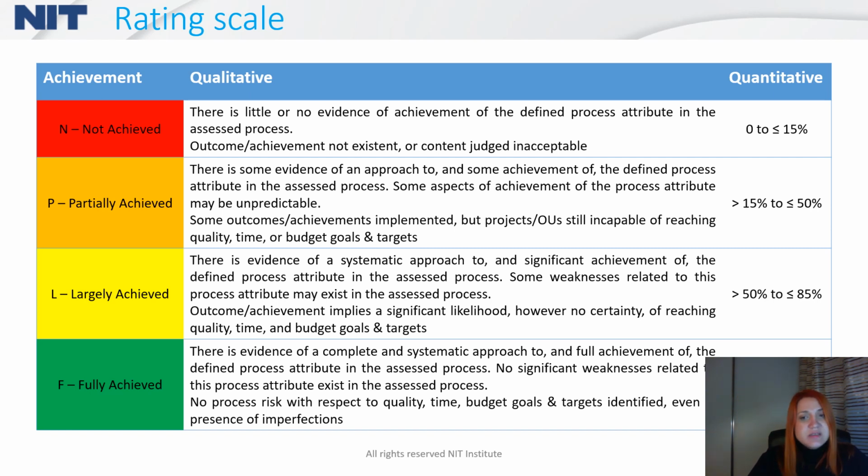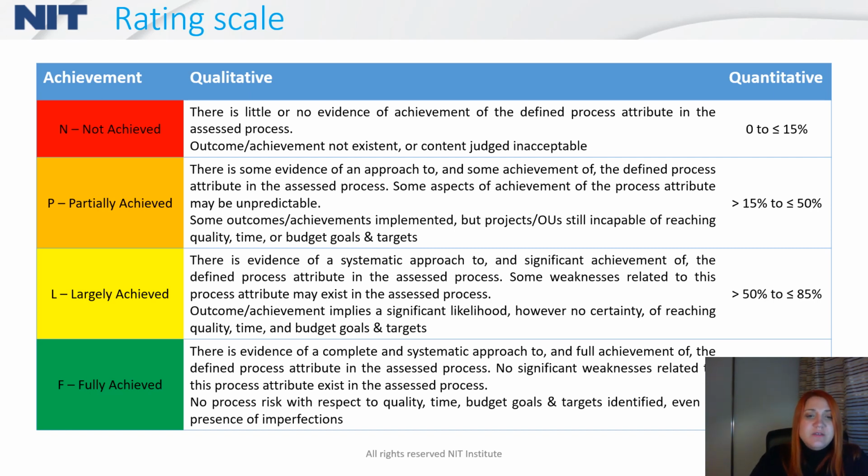There are some weaknesses related to the process attribute which may exist in this assessed process. It means that you can have some weaknesses for sure, but you have significant achievement. However, you cannot reach the quality, time, and budget goals that are defined.